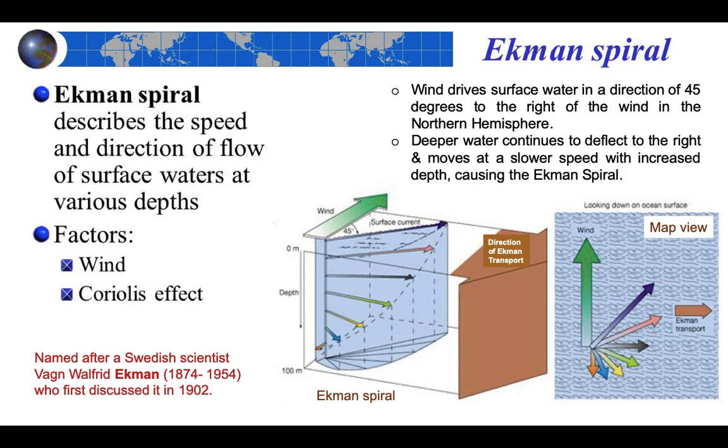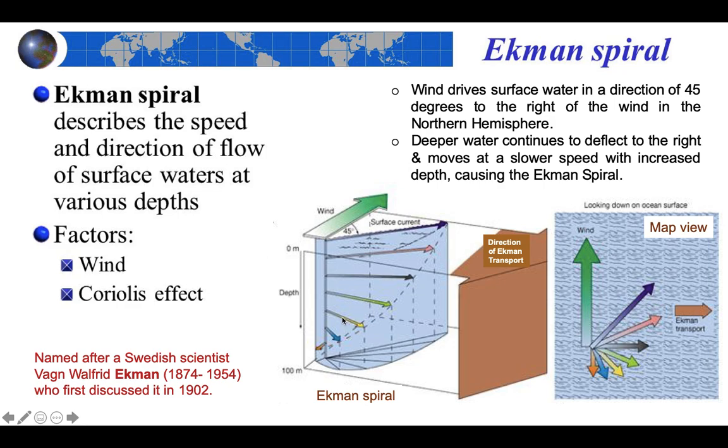But in the southern hemisphere, the opposite takes place, and this deflection takes place to the left of the prevailing wind direction. And as you go deeper into the water in the ocean, more deflection and more turning further to the right takes place. You see that these arrows, as you go deeper into the ocean water within the 100 meters, are rotating in a clockwise fashion, and the water is moving in the directions of the different arrows.